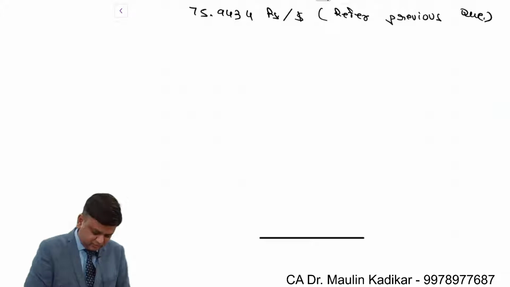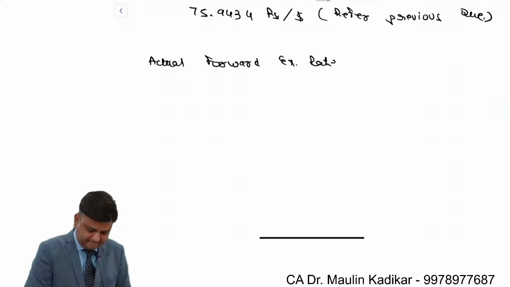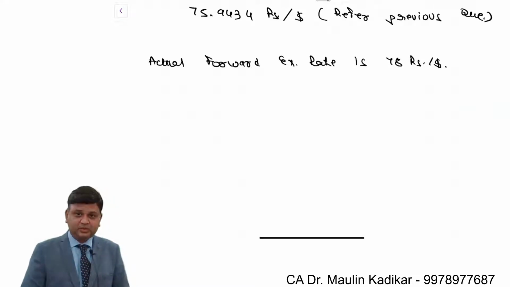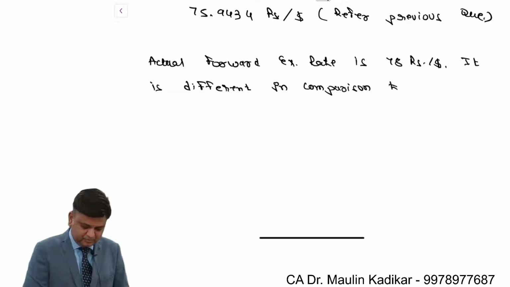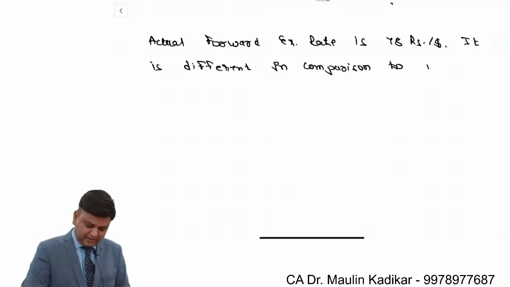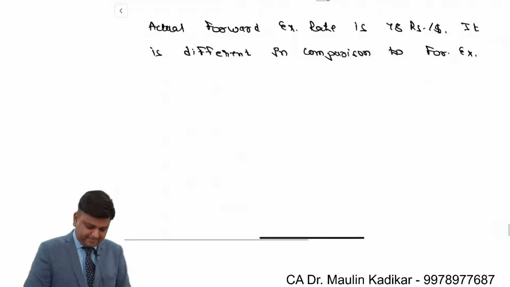With paragraph, write down actual forward exchange rate is 78 rupees per dollar. Full stop. It is different in comparison to forward exchange rate as per IRPT.